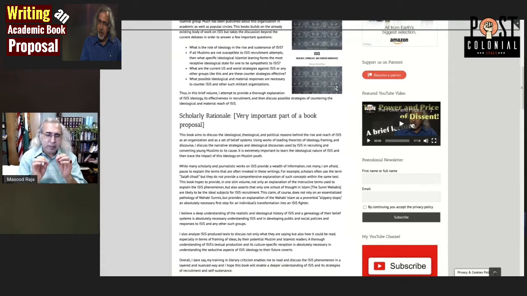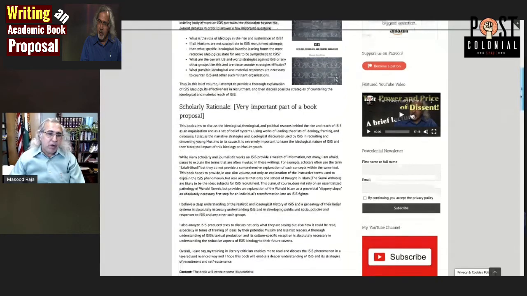Make sure that it is accessible, because what you're trying to convey to the editor is, here, this is my idea, this is the reason this book is important, and I would like to write about it in this particular way, and here is my reason for it. Here is the significance of this idea. So that's what you cover in the scholarly rationale of the book, right?